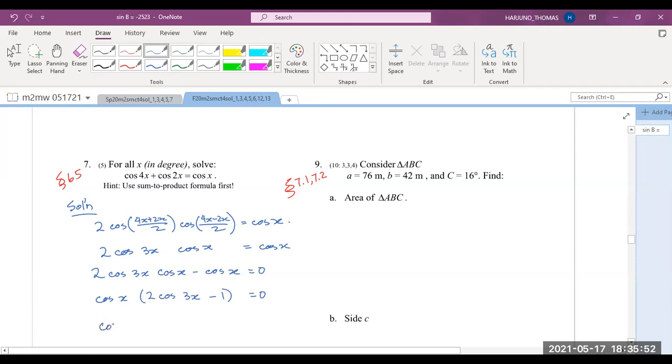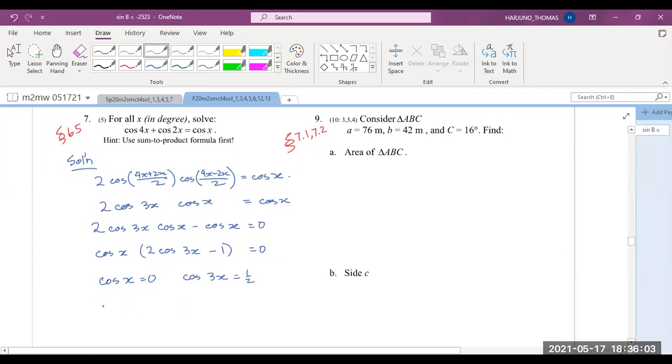So cosine x equals 0 or cosine 3x equals 1/2. We need all the solutions in degrees. So x equals 90 degrees plus 180 degrees k. Cosine x is 0 at this position and this position.